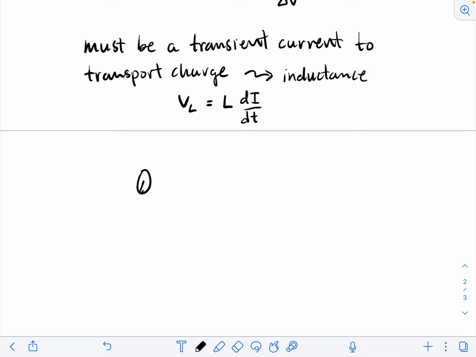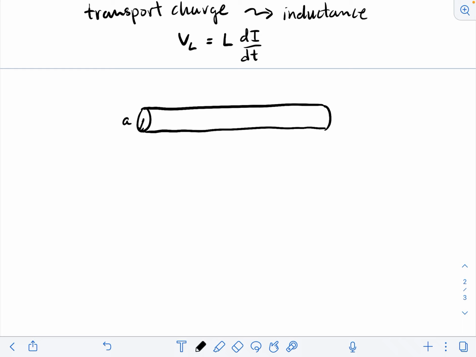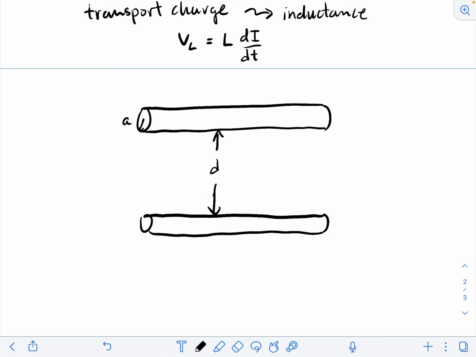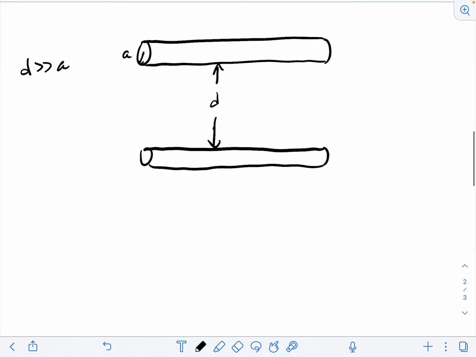Okay, for simple geometries, we can actually calculate what the capacitance and the inductance are. So let's suppose we have parallel wires, and now I'm going to draw this in a little more detail. We'll have parallel wires where the radius of the wires is A, and we'll separate them by some distance d, and let's assume that the separation distance d is much greater than the radius A. Well, what you can do is calculate the electric field.